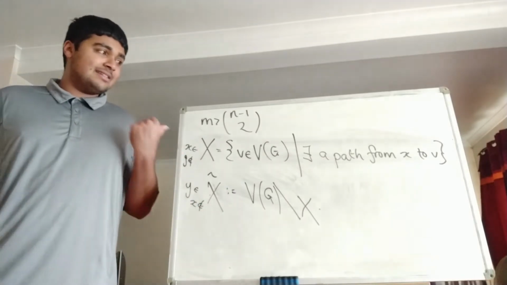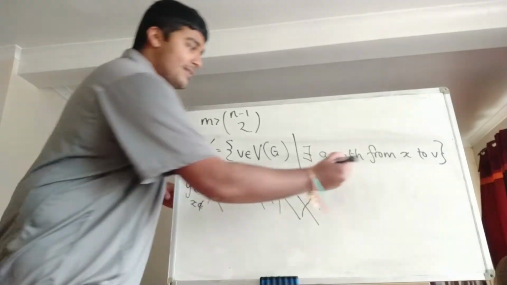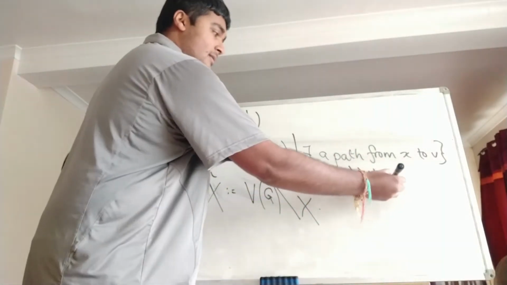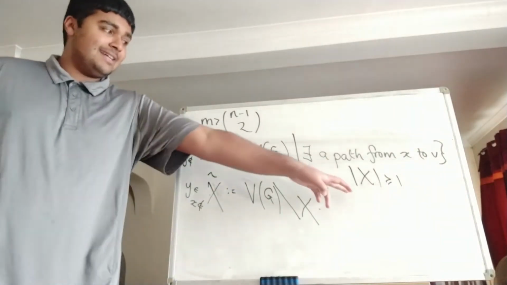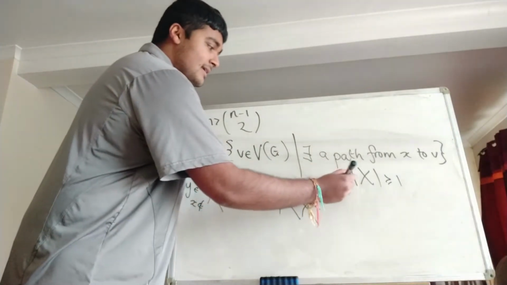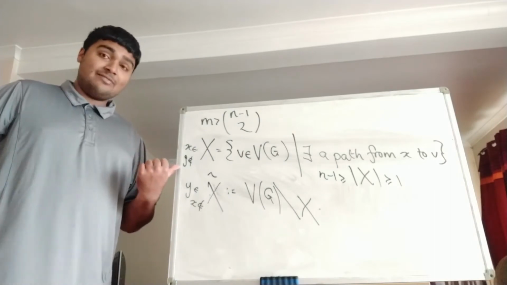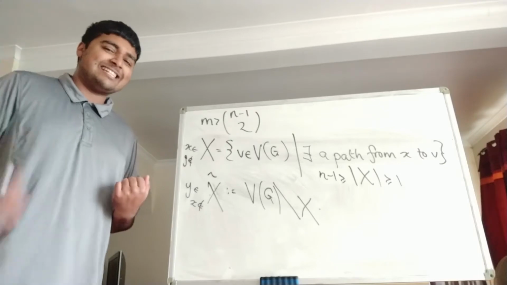Now one thing we're going to state is kind of obvious: because we know little x is in here, certainly the cardinality of big X is at least 1. But because little y is not in big X, the cardinality of X must be at most n minus 1. It doesn't have y in, but it could in theory have all the other vertices, if y is, say, an isolated vertex.